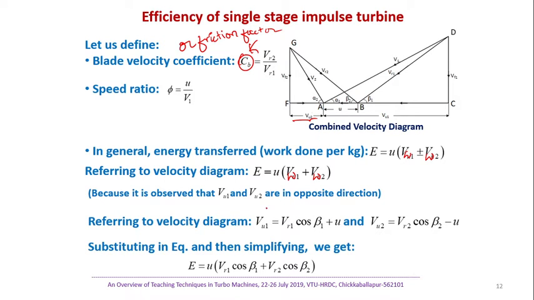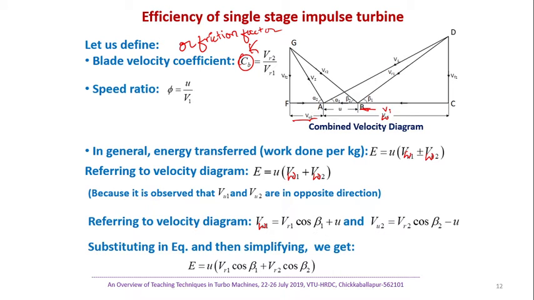Now, referring to the velocity diagram, we can write VW1 as VR1 cos beta 1 plus u. See here, it is very important. VW1 can be written as VR1 cos beta 1.